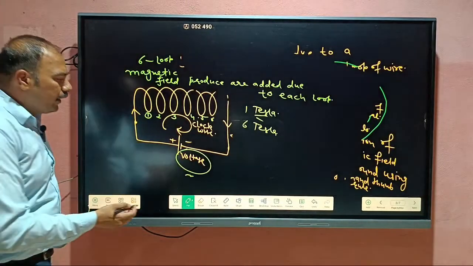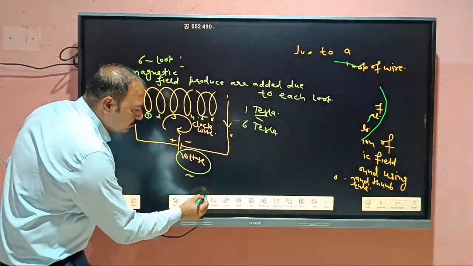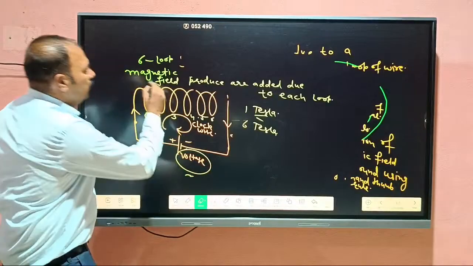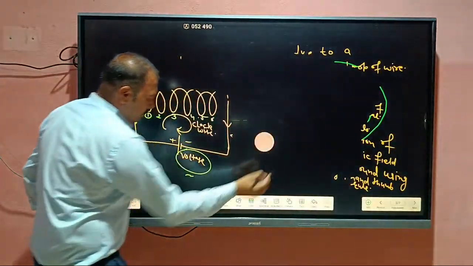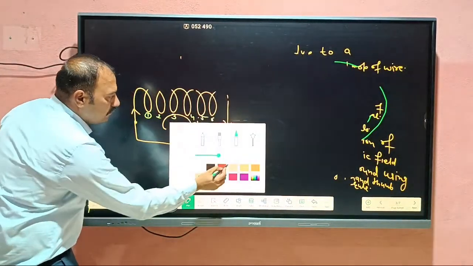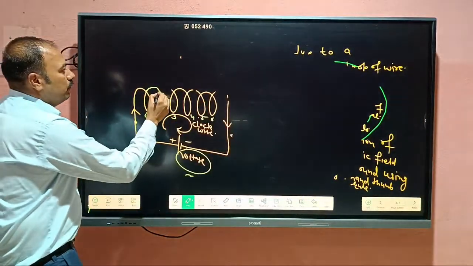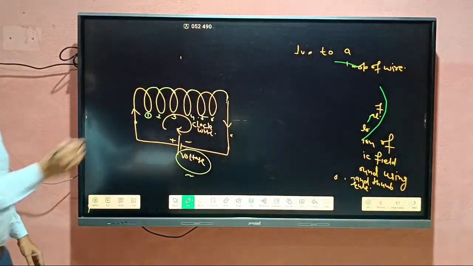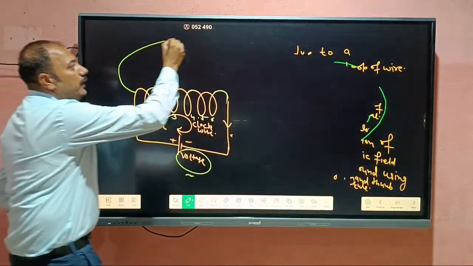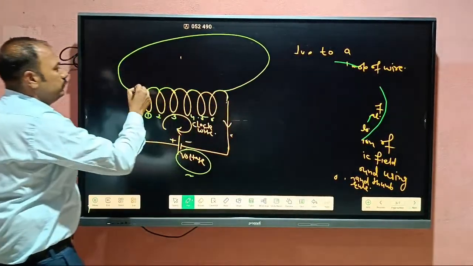So here, what type of pattern is formed? For example, these are lines of a magnetic field.